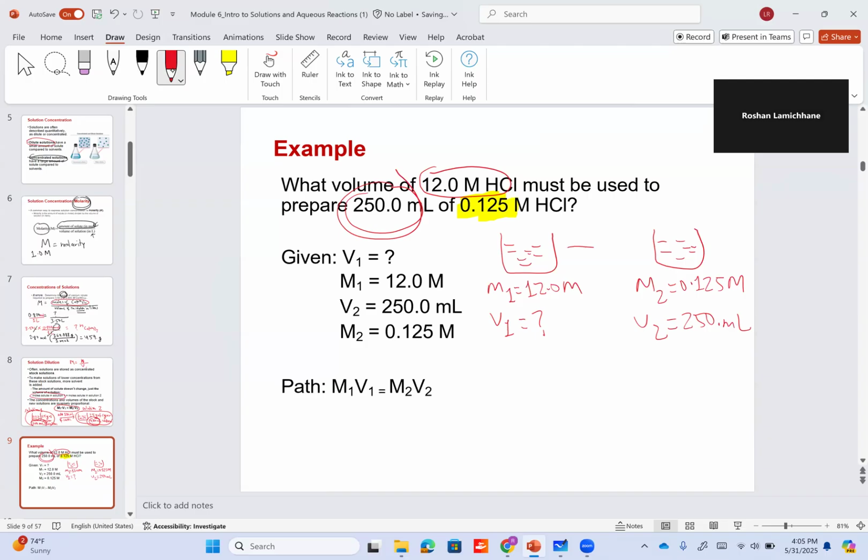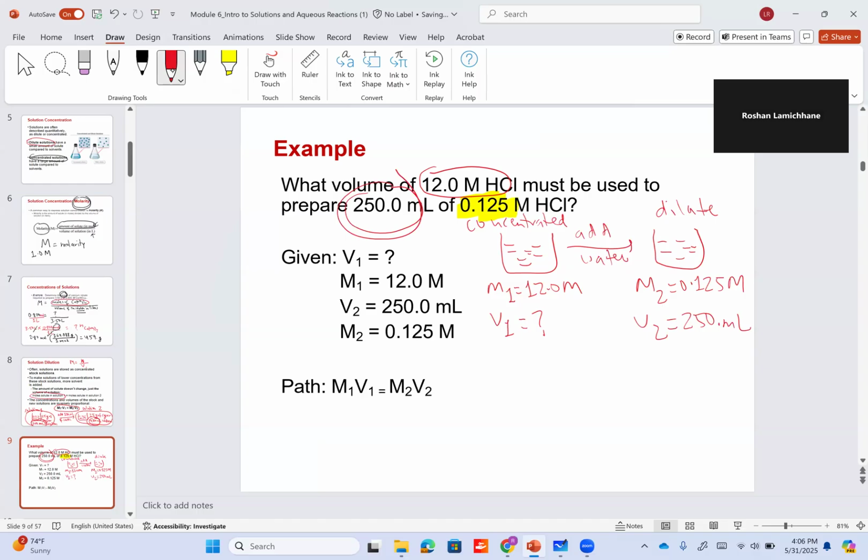The idea is again, you add some water, you make this dilute solution, right? The first solution was concentrated, right? By adding water, you made the solution dilute, right?